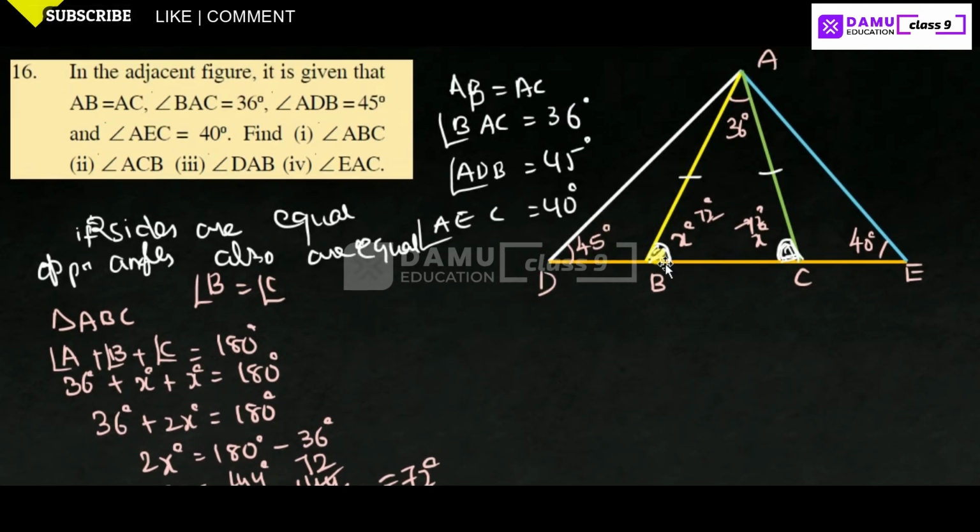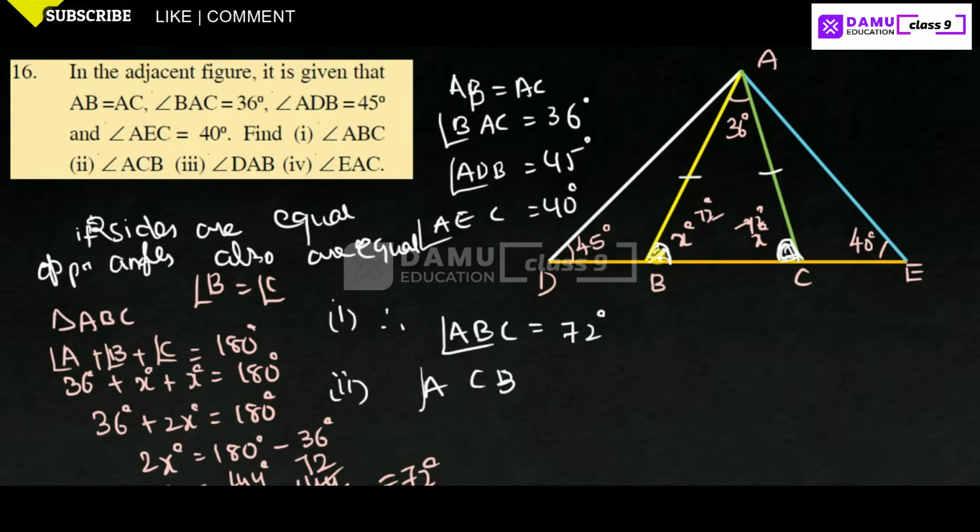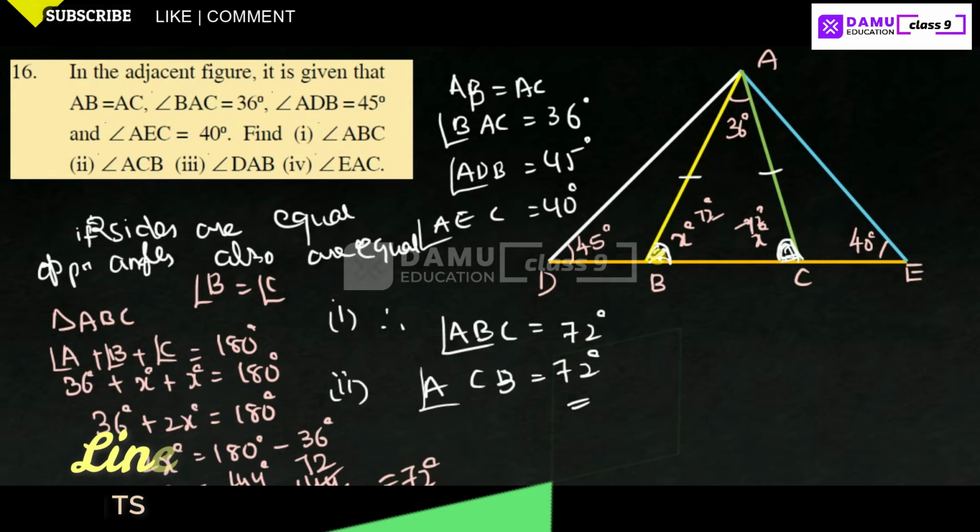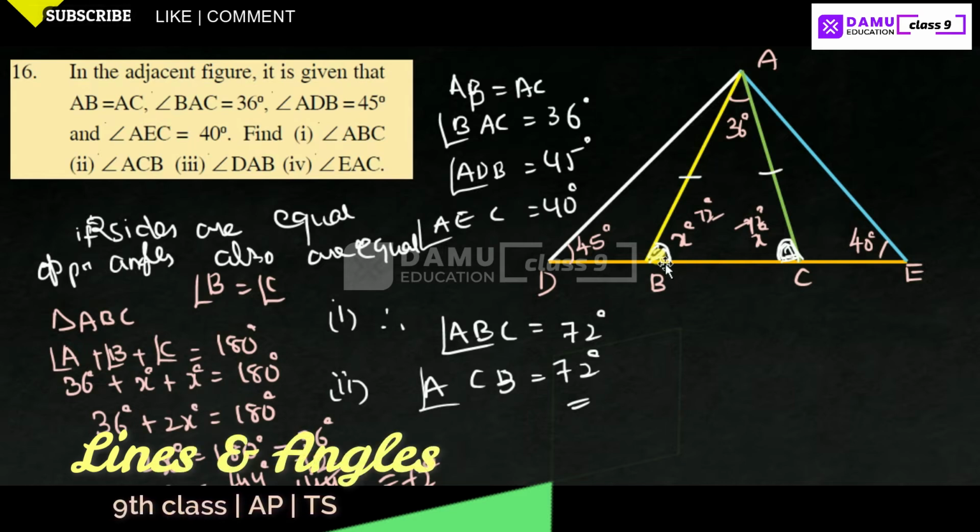Next, we have already calculated the first one, angle ABC will be equal to 72 degrees. Second one, angle ACB will be equal to 72 degrees. Then we have to find DAB.